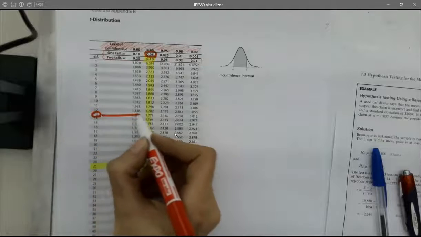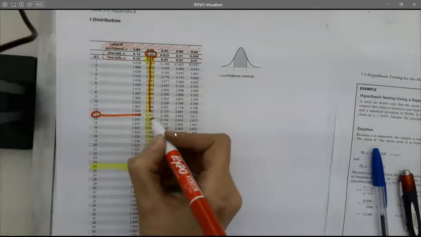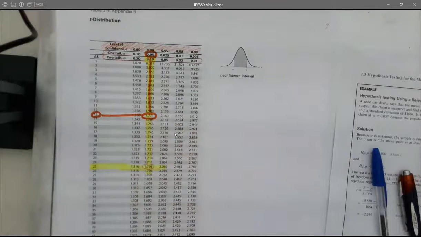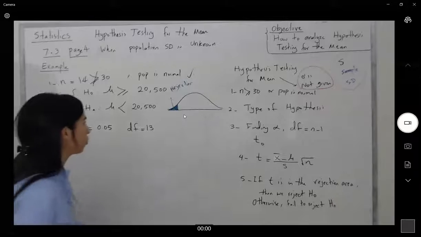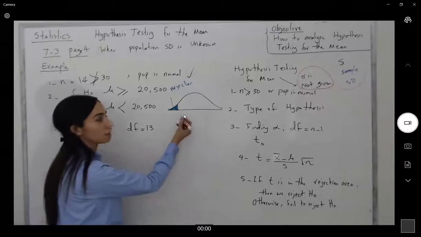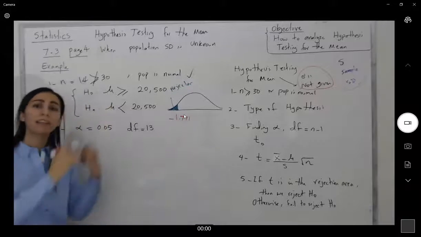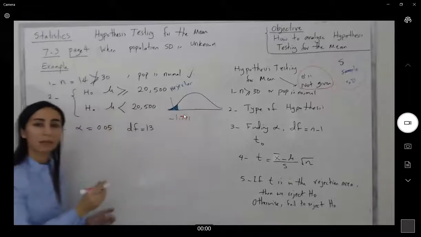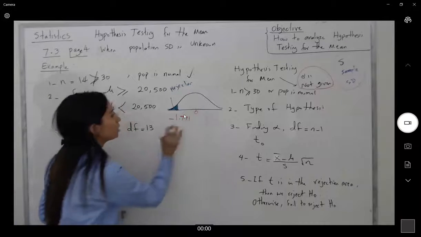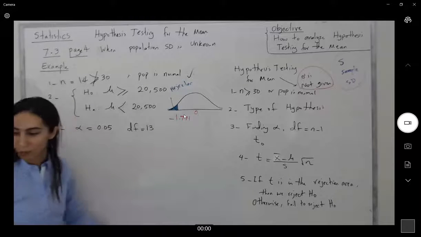The intersection between them is 1.771. Is it negative or positive? Negative. Excellent. It's on the left-hand side of 0. Your 0 is in the middle. On the left-hand side of 0, you get negative 1.771. Well done, everyone.